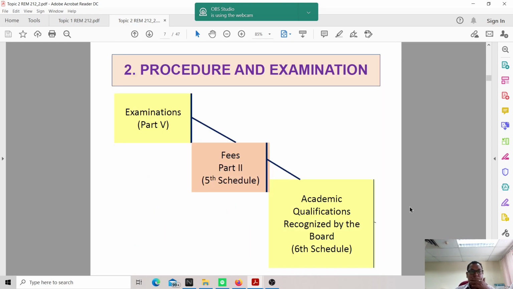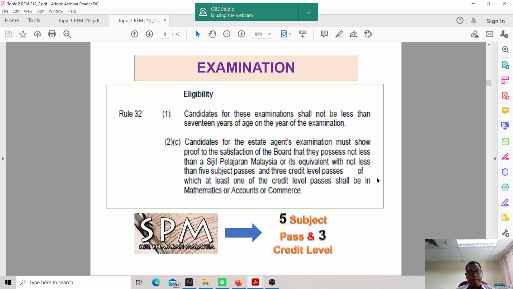Okay. So number 2 is the procedure and examination. We will look at the examinations, the fees, and also the academic qualifications recognized by the board. So the examination is for people who don't have the qualifications, whereby they only have an SPM, or they have a degree or diploma in other professions.